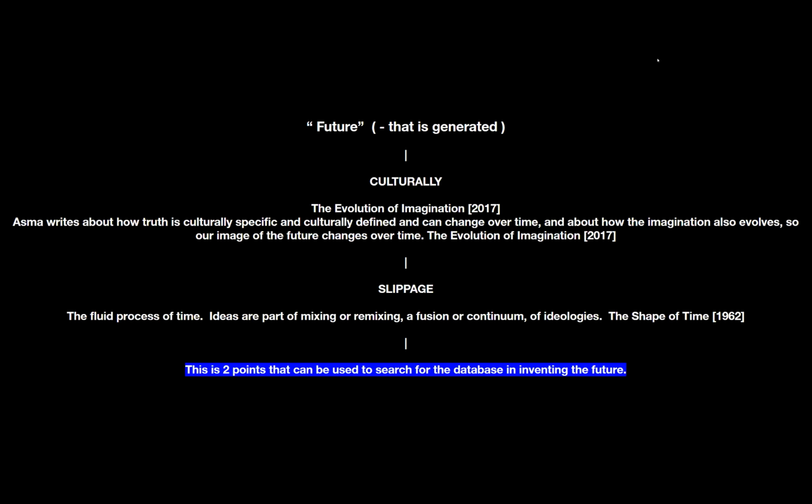So our image of the future changes over time. And it is also slippage. The future image is a fluid process of time. Ideas are part of mixing and remixing, a fusion of a continuum of ideologies. For us, these two points can also be used to search the database in inventing the future.